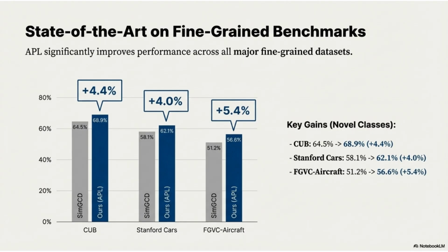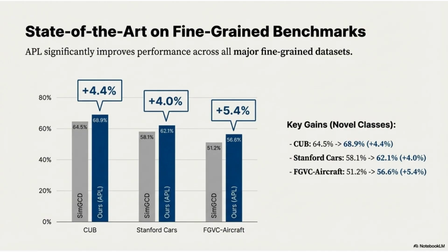Now let's talk numbers. We tested this on the most challenging fine-grained benchmarks. The results are significant. Looking at the CUB-200 dataset, the bird dataset, we see a 4.4% accuracy boost compared to the strong SimGCD baseline. On FGVC Aircraft, we see a massive 5.4% improvement.